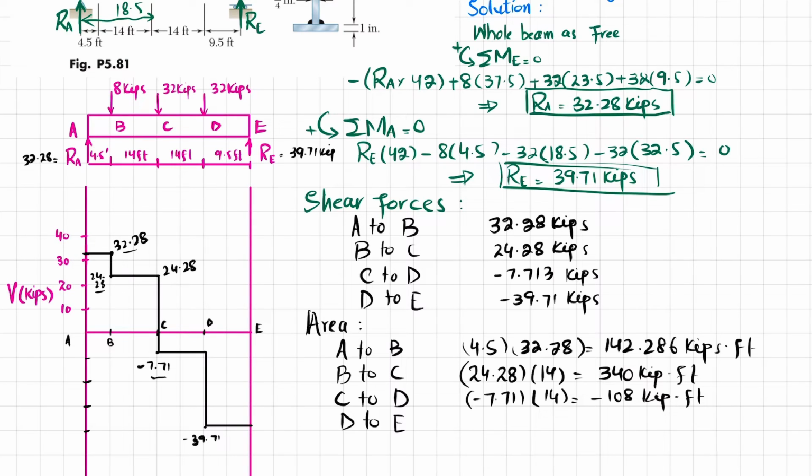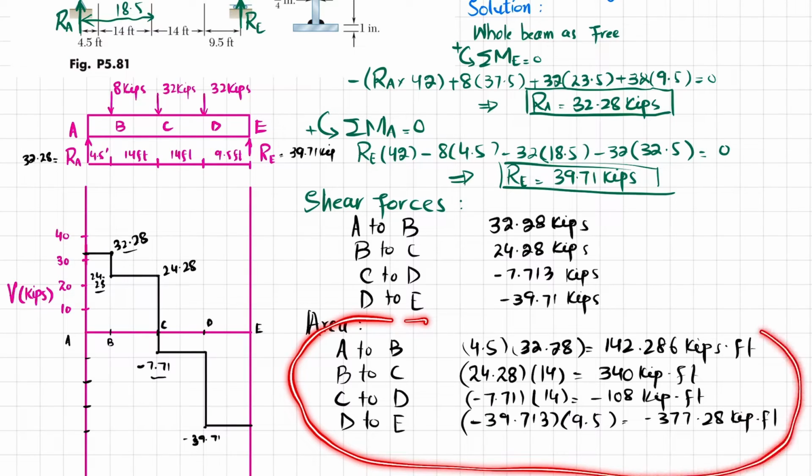So let me write it. Minus 39.713 into length is 9.5 feet, and it will give you minus 377.28 kips into feet.